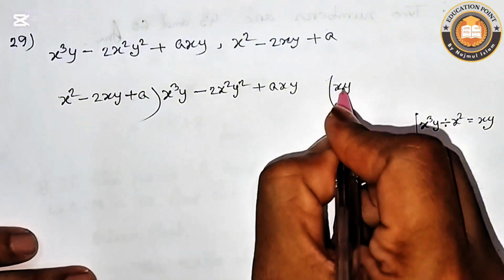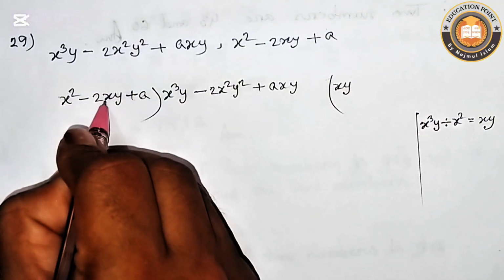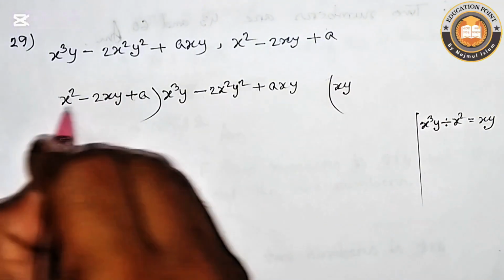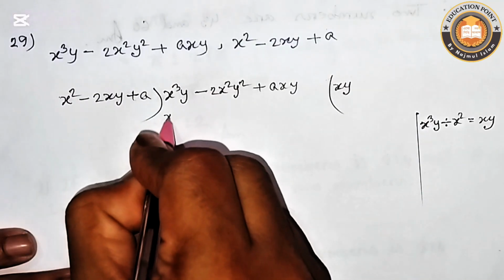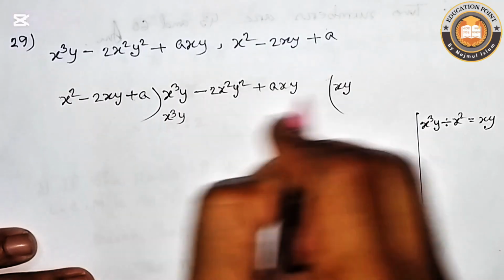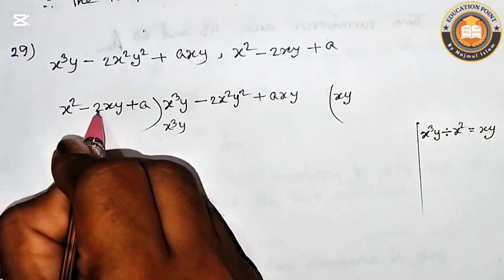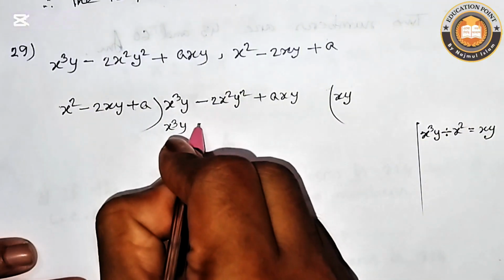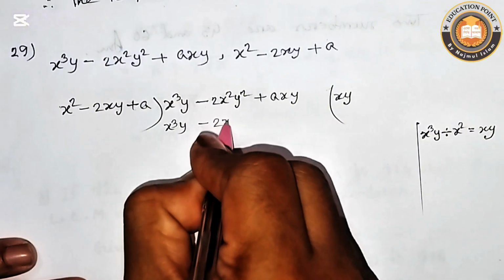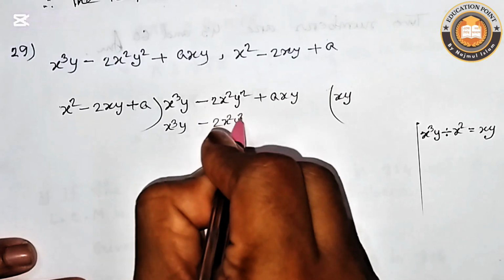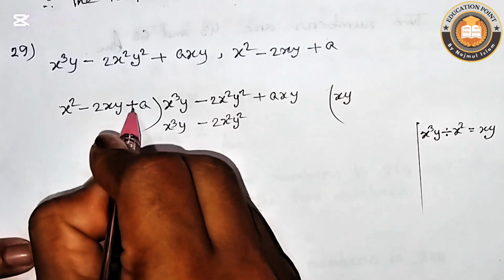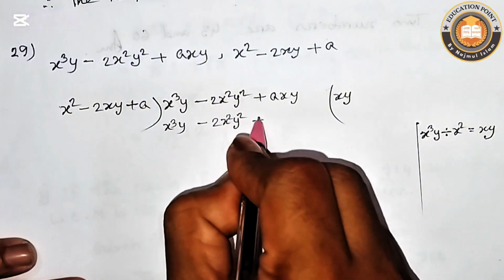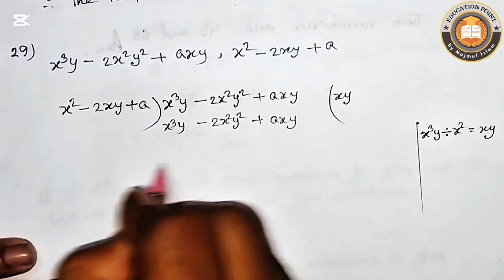Now xy multiplied with x square minus 2xy plus a. Xy multiplied with x square means x cube y. Then xy multiplied with minus 2xy equals minus 2x square y square. Then xy multiplied with plus a equals plus axy.